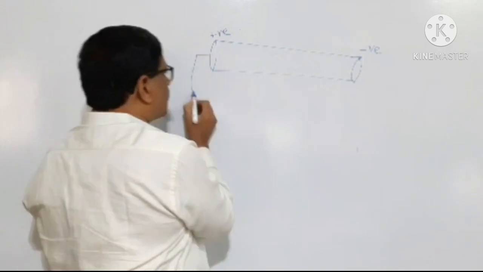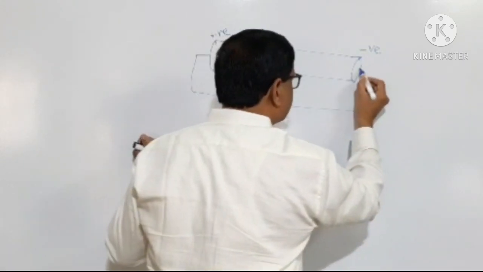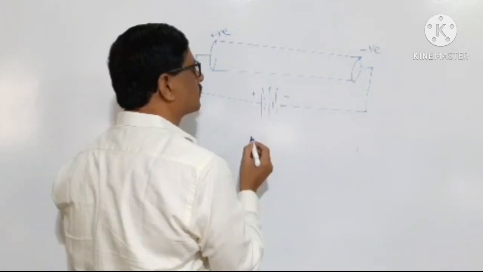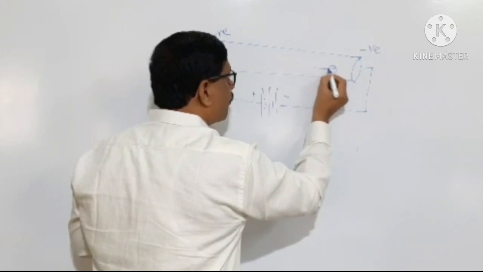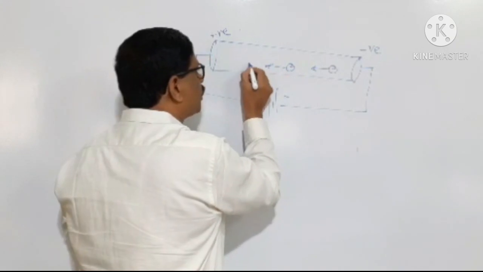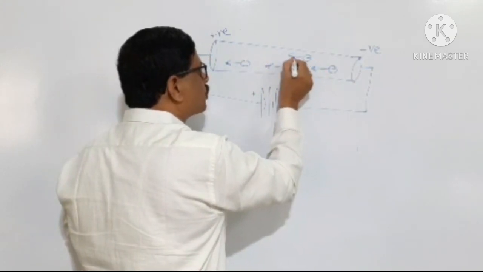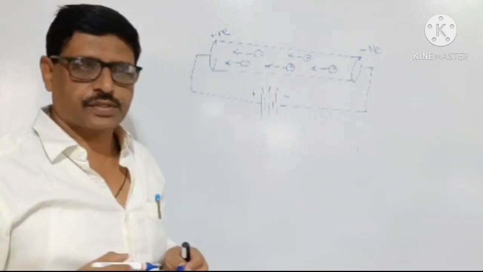When the conductor is connected to a battery, then the electrons begin to move from negative to positive, from lower potential to higher potential. These are only the sample electrons I am drawing here. It has a very large number of electrons.